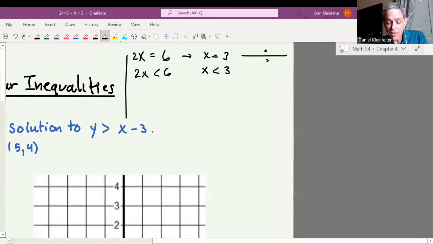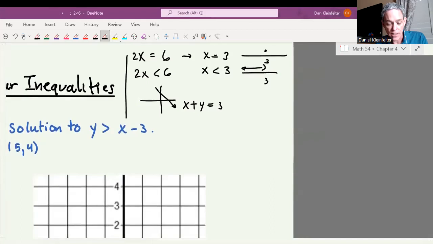Instead of having a single number for a solution, we saw that there was an interval of numbers that made up solutions. Now, recently, we've seen how to look at equations like x plus y equals 3, which would have a line for a graph. How would it be if we change this equal sign into an inequality sign like less or greater?